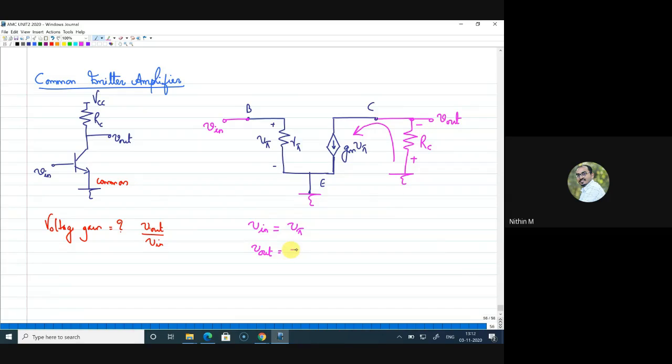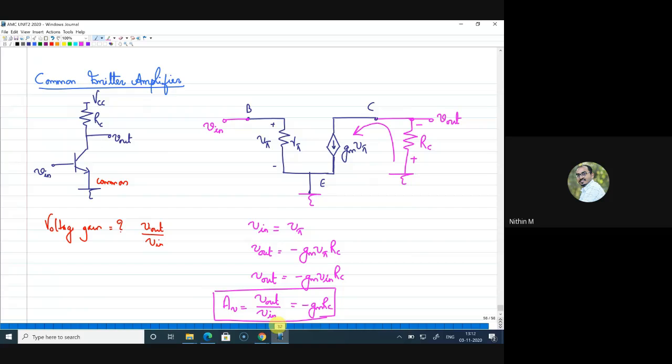So I will write V out as minus gm V pi into RC, right? Or I can modify this and write V out equal to minus gm into V in into RC, or V out by V in, which is called the voltage gain, can be written as minus gm into RC, right? This is the voltage gain of this circuit.